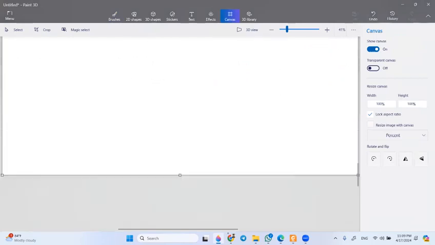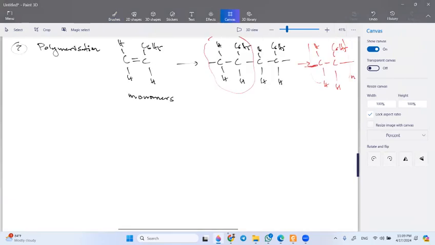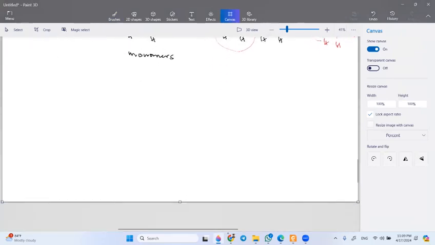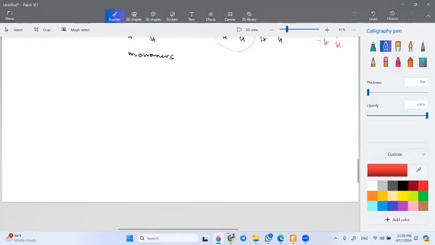This reaction mechanism is called electrophilic addition now, because they attack electrophiles. The mechanism is electrophilic addition.